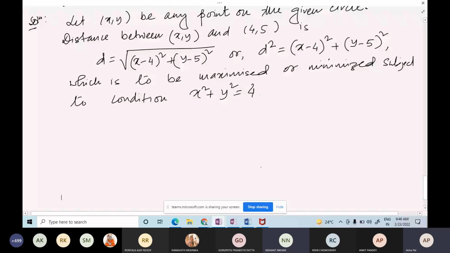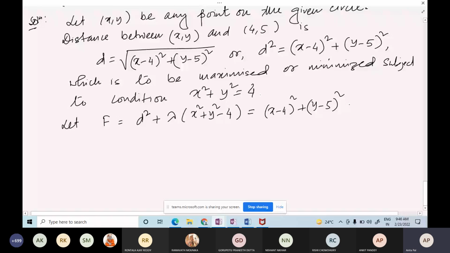Okay, now we'll construct capital F. Let capital F equal d square plus lambda into (x square plus y square minus 4). I can write it in this manner, or I can write (x minus 4) whole square plus (y minus 5) whole square plus lambda into (x square plus y square minus 4).